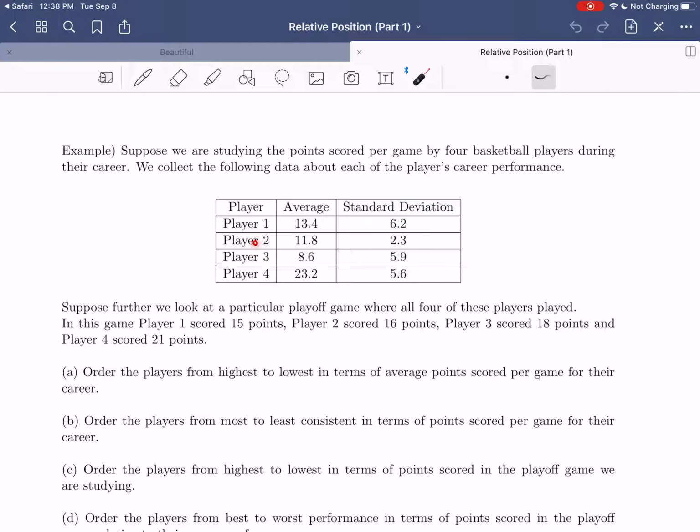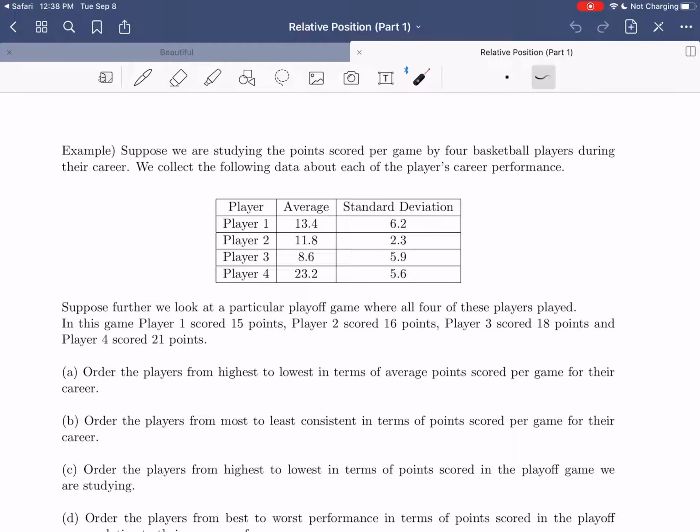Player 2 averaged 11.8 points per game with a standard deviation of 2.3. Player 3 averaged 8.6 points per game with a standard deviation of 5.9. And player 4 averaged 23.2 points per game with a standard deviation of 5.6. This is their career performances, basically how they've performed during their entire career.